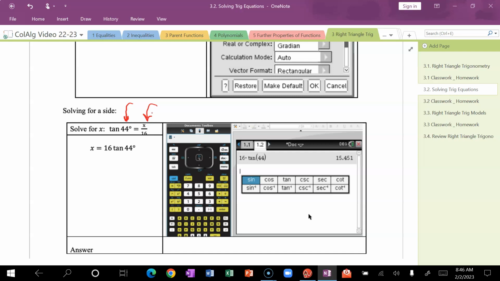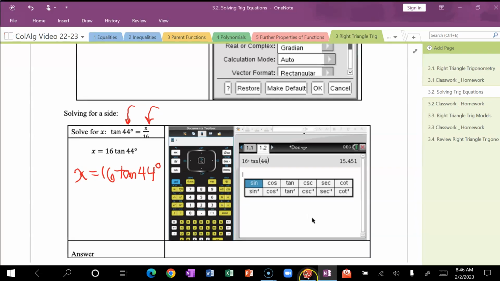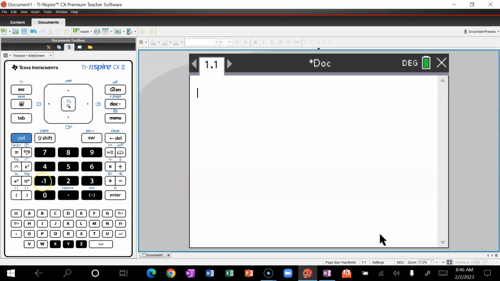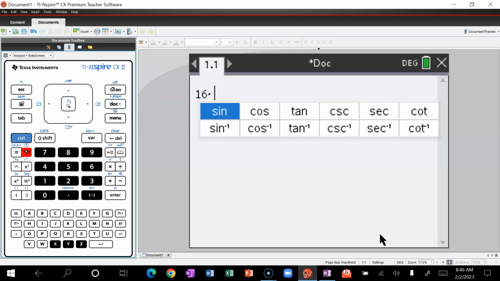So I'm solving for x. You can multiply both sides of that equation by 16, and you get x equals 16 times the tangent of 44 degrees. On my calculator, I'll do 16 times, and to get to the tangent, if you look to the left of the 7 key, there's a trig button, and you just pick the function.